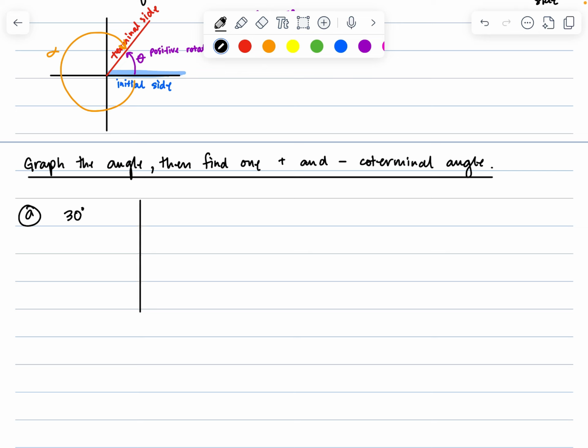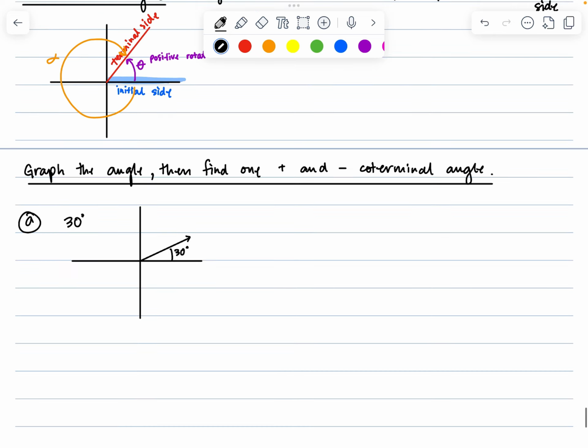Okay, so let's draw that out first, really quickly. We know where 30 degrees lands. It is right about here. Okay, so that's your 30-degree angle. Now let's find another angle that is coterminal with it. So this is our terminal side.